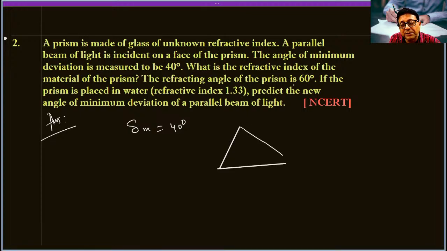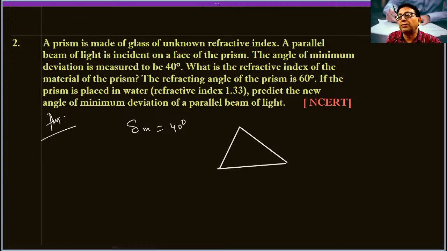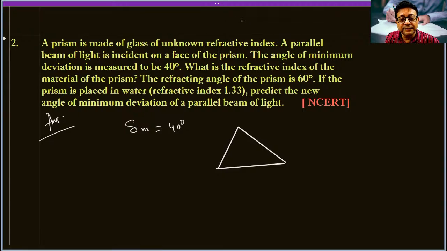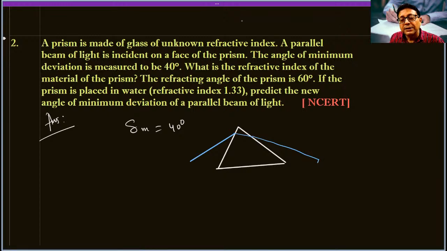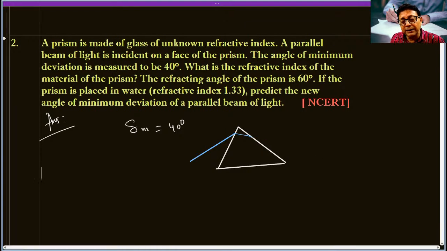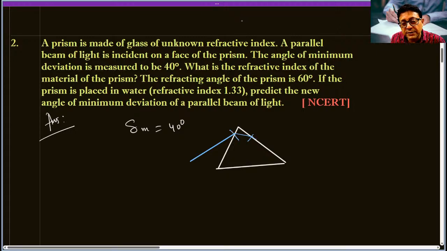Unless otherwise stated, we will take the base as triangular only. So light ray entering, just to remind you the concept, then refracted, then again it is finally refracted from this surface.